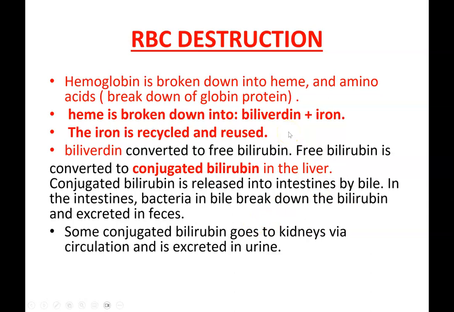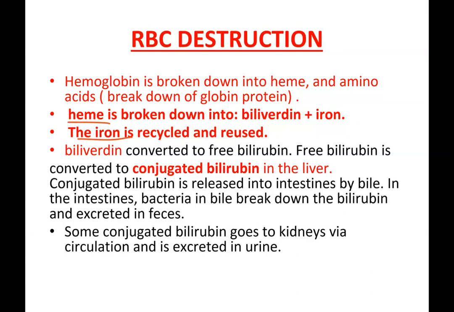So the hemoglobin is disassembled into the globin part, which are the amino acids, the polypeptides. Then from there, we get the heme separated from the globin. The heme was the ring of carbons with nitrogen, and the iron in the middle of the heme is removed and is going to be recycled and reused.